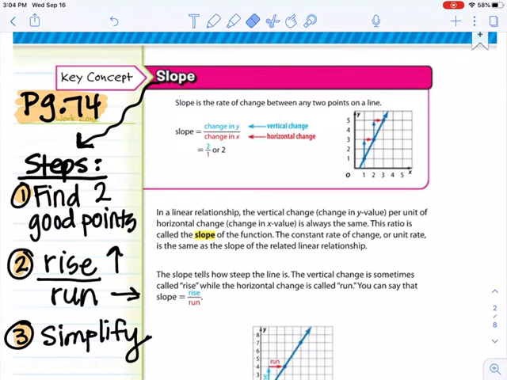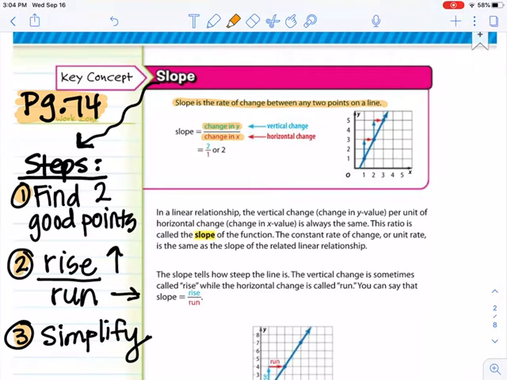Okay, so let me explain to you what slope is. Slope is the rate of change between any 2 points on a line. There are a lot of other ways slope is referred to. Some people will call it change in y over change in x.